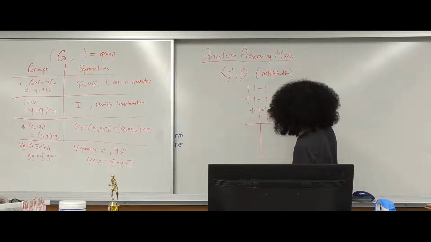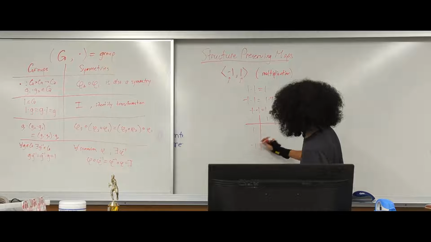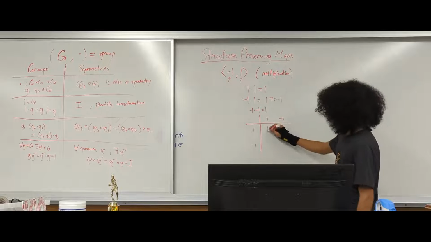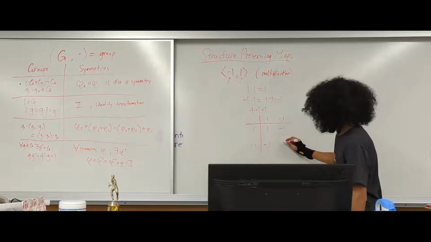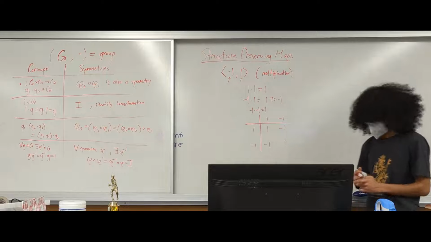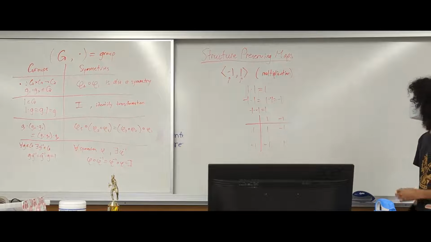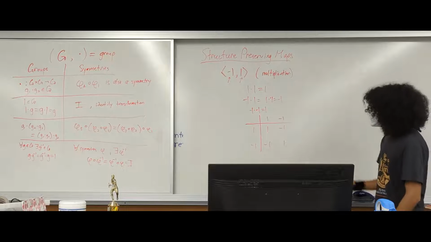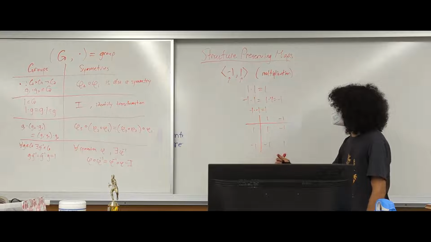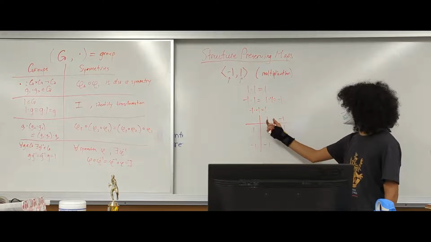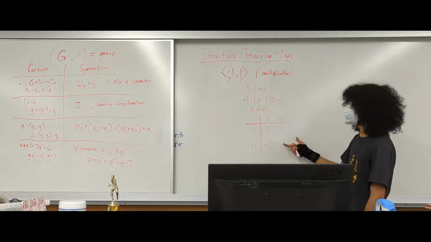So you have 1, -1, 1, -1. And if you multiply these out, you get 1, -1, -1, 1. Okay. So this tells you every possible bit of information you could want about what the structure of this group is.